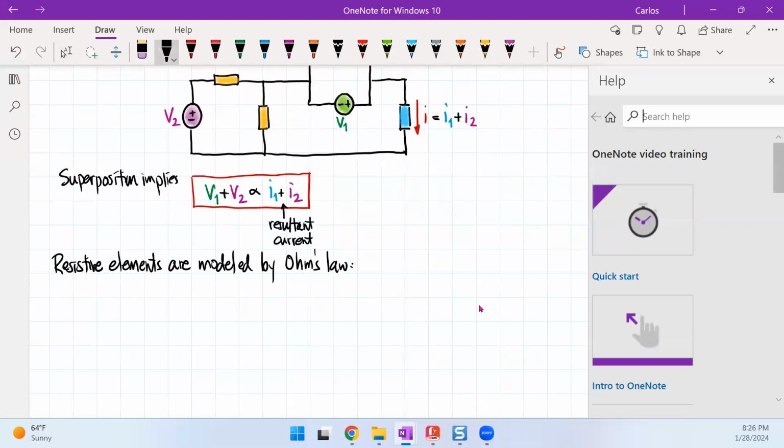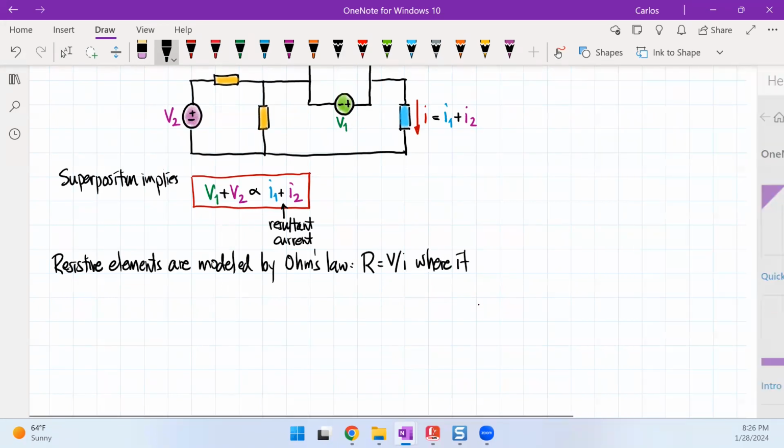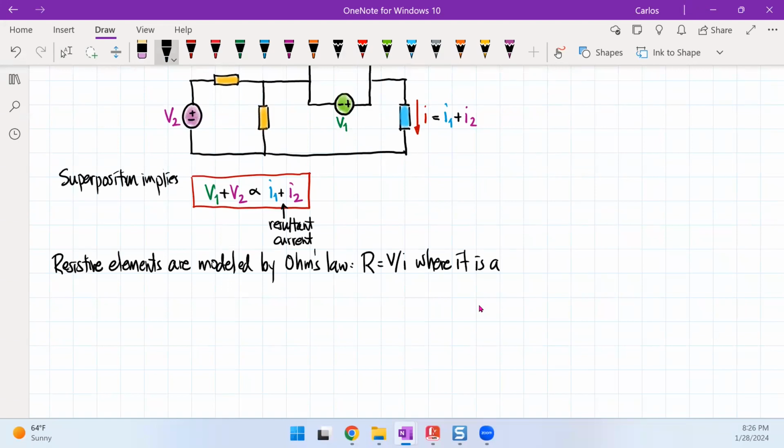Ohm's law says that the resistance is equal to the voltage divided by the current, where it is assumed that R is equal to a constant. If it's not a constant, we can't apply Ohm's law.